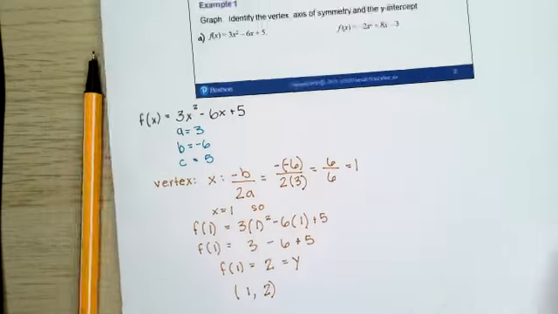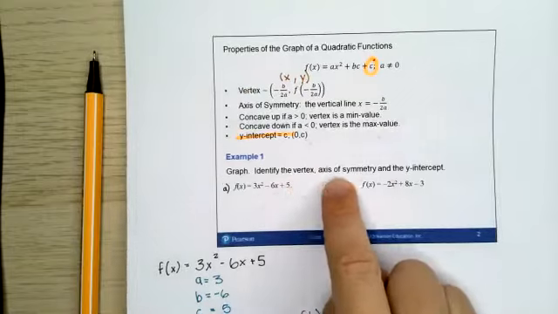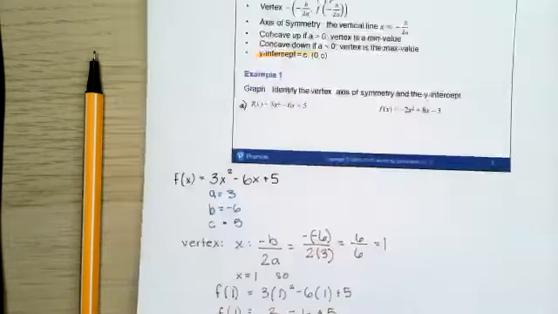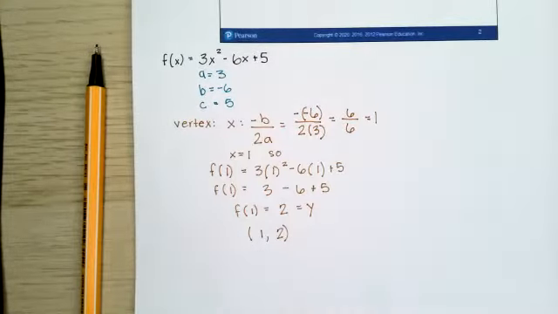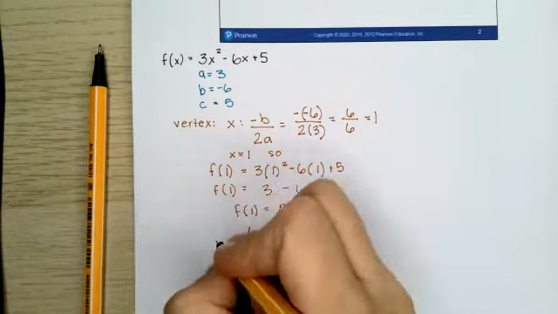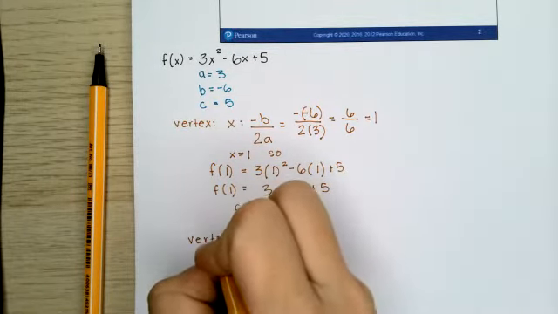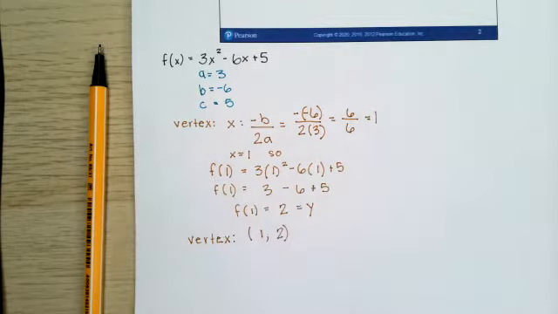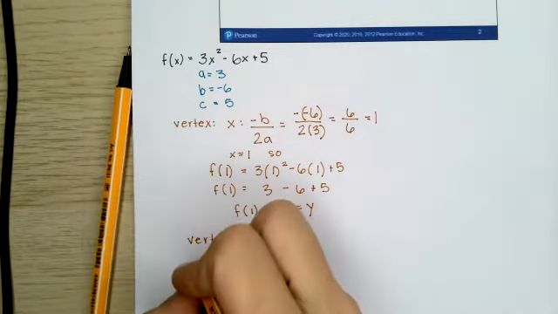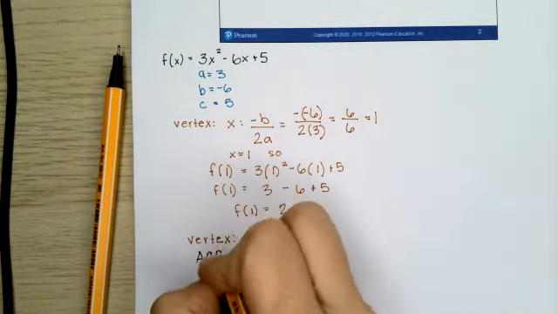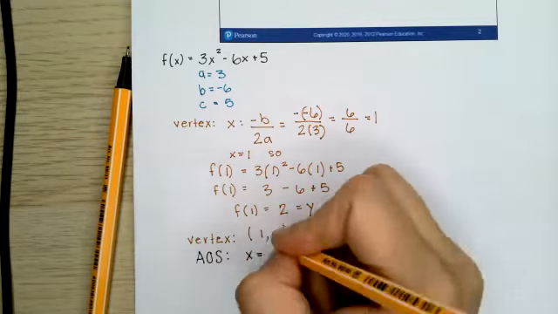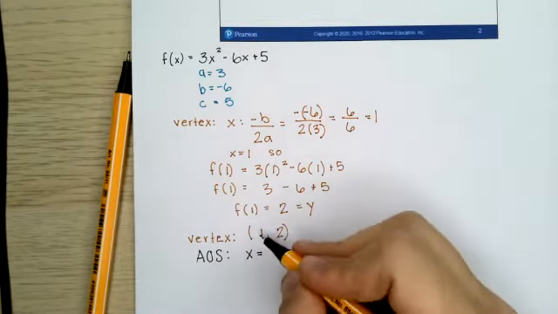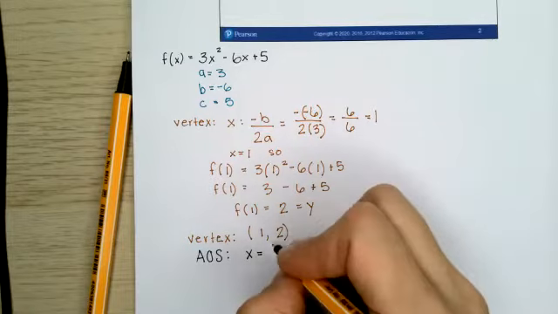Good. So it said find the vertex, axis of symmetry, and y-intercept. Now, here's my vertex. The axis of symmetry, you can just call it the AOS, is just x equals the x of my vertex. What's the x value of my vertex? 1.